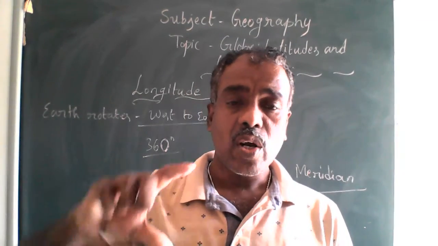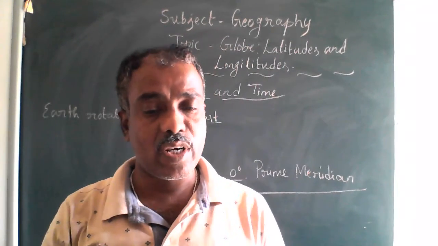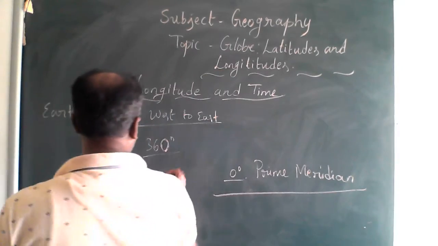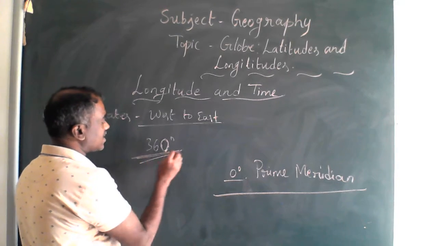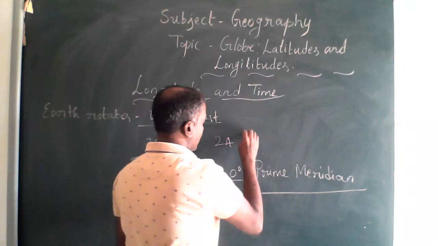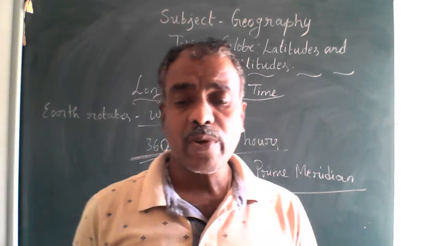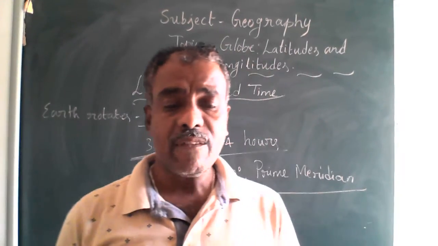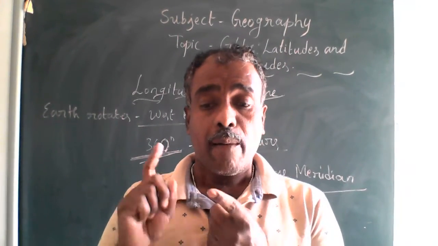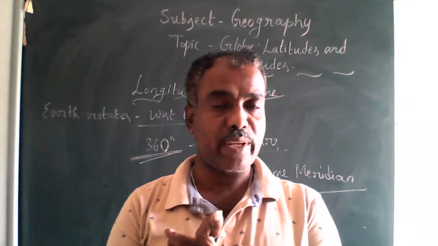Are you getting now? To complete one round on its own axis, our earth is going to take approximately 24 hours. So it rotates 360 degrees and takes 24 hours. Now how can we calculate? See, 360 divided by 24 means 15 degrees an hour, or 1 degree in 4 minutes.